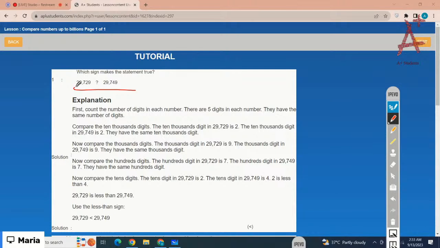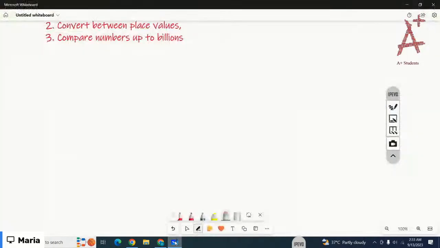The highest place value is 2. Let me write 29,729 and 29,749. See both numbers at the 10,000s place are equal.